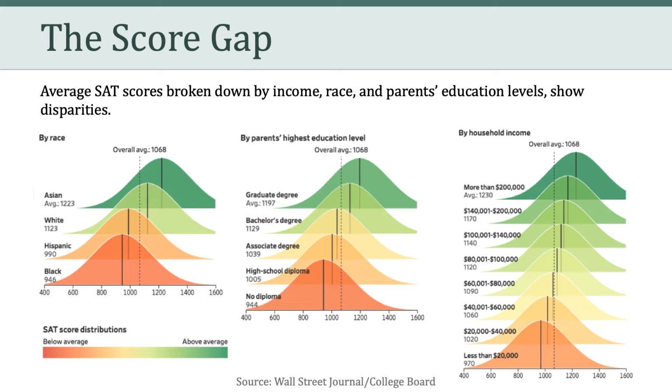We see a similar pattern with the middle chart based on parents' highest education level. Parents with a graduate degree or a bachelor's degree, those children score above the national average, whereas folks with associate's degrees, high school diplomas, or no diplomas are scoring well below. And then relatedly, the rightmost chart is showing a comparison of the distribution based on household income. So clearly there are disparities in SAT scores, or if we wanted to use Sutton's language, outcomes as measured by SAT scores.